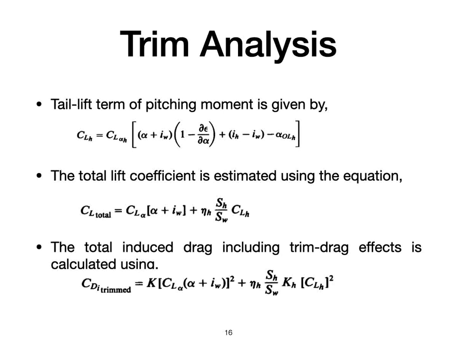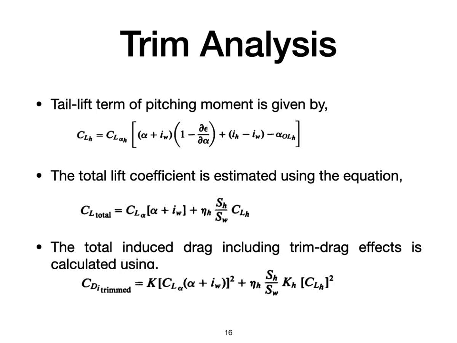Trim analysis. Trim requires that the total moment about the center of gravity equals zero. This we have discussed in the previous slide. For the graphical solution, an arbitrarily assumed aircraft angle of attack and elevator deflection angle delta E are used to calculate the total pitching moment coefficient CMCG.